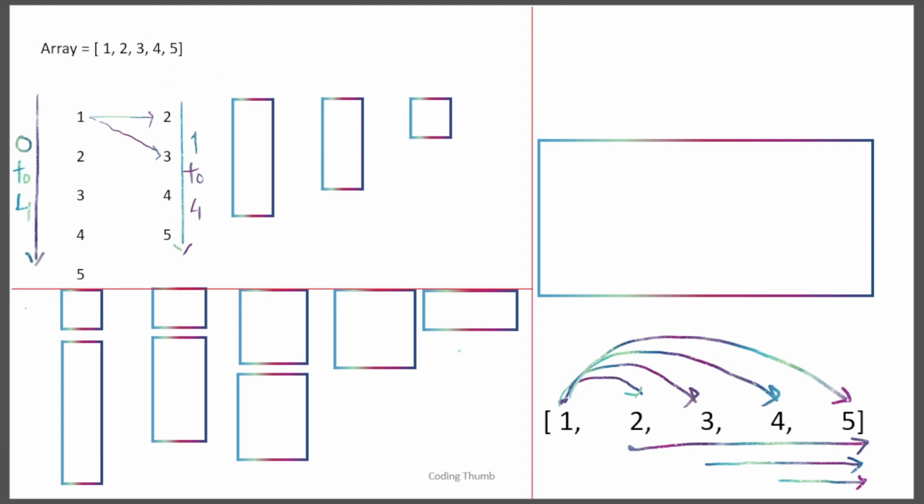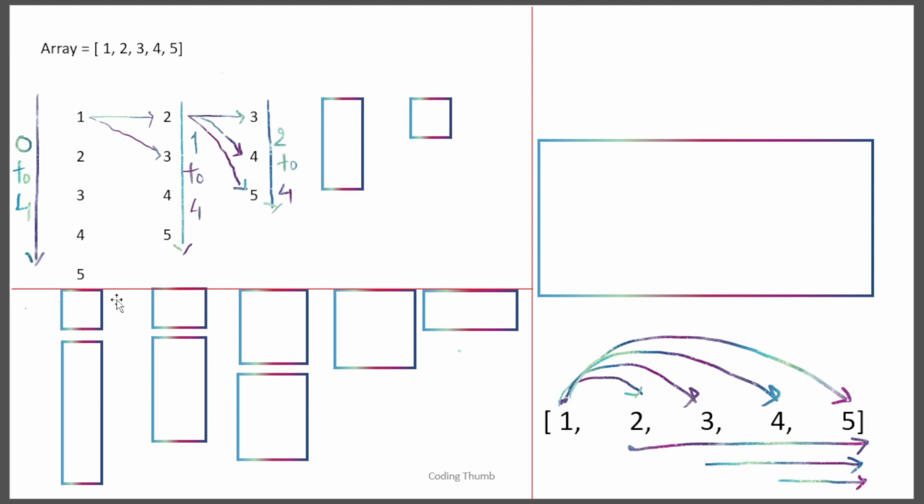Now similarly, from 2, we could either go to 3, 4, or 5. So this goes from index position 2 till 4.